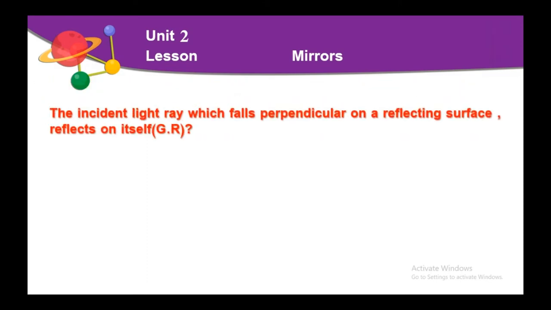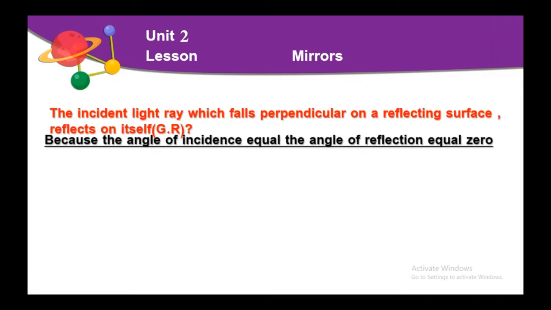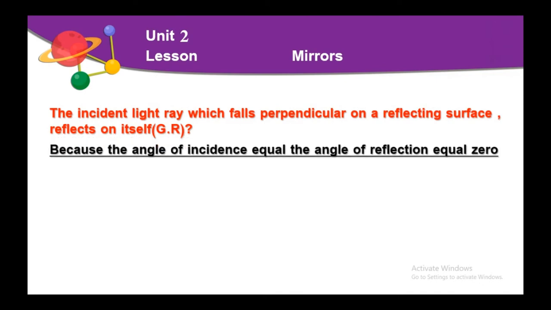One question in this part. The incident light ray, which falls perpendicular on the reflecting surface, reflects on itself. Why? Because angle of incidence equals angle of reflection equals 0, as it falls on the normal, so there is no angle of incidence, or it becomes 0.